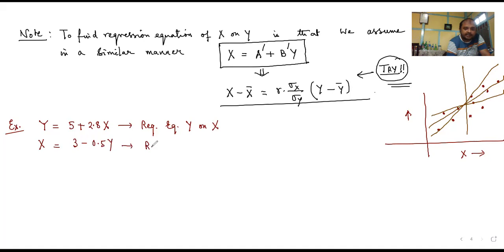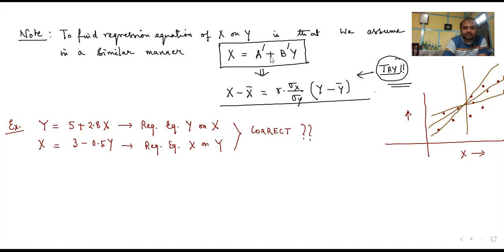They are saying that this is the regression equation of x on y. They are asking whether their assumption is correct or not. Can they consider the first equation to be the regression equation of y on x and the second equation to be the regression equation of x on y?